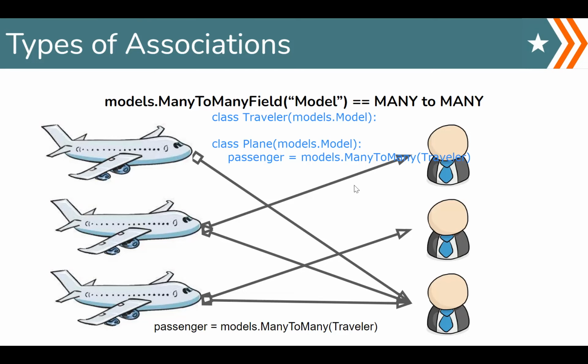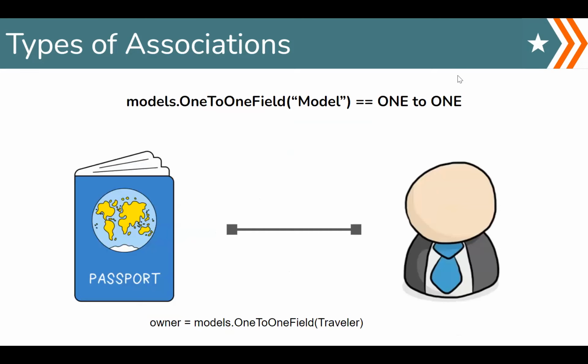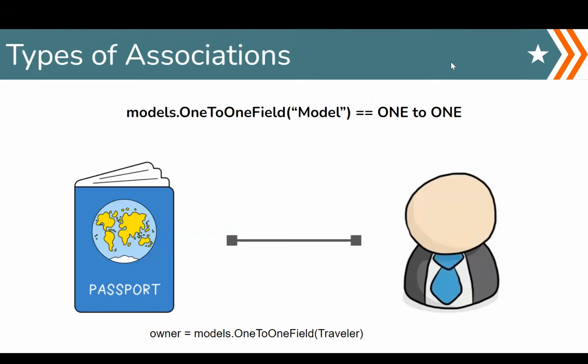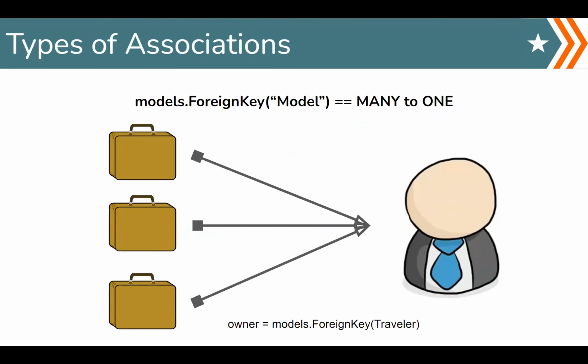So to recap, the three types of associations that we have: one-to-one fields, where all of our fields are connected using the IDs, so one passport ID connects with one user ID or one traveler's ID. Then we have the foreign key, which is a many-to-one relationship. So you can connect many suitcases to one traveler, but you can't give many travelers the same suitcase.